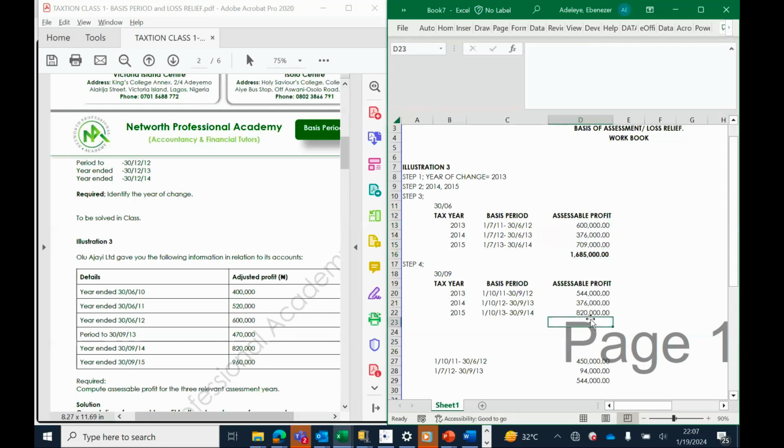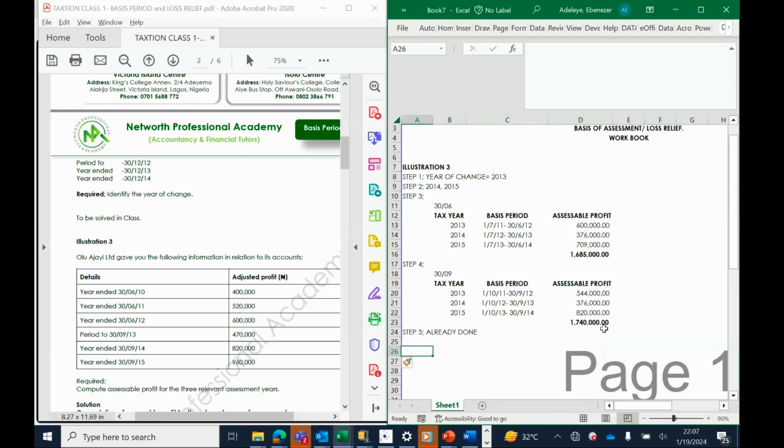All right. For this, we have this, 740. Am I communicating? And step 5 is already done. We have done it now. It said we should sum the accessible profit under each of them. We have summed it, right? Yes, sir.